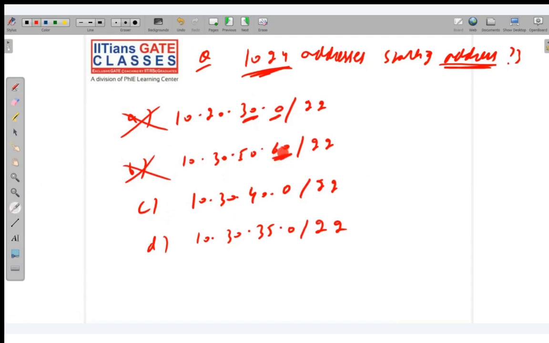Here in 60 we do not have them, just cut it. Here 40: the last 2 bits are zeros because 40 is divisible by 4, so yes, it is correct. And what about this one? No, I will cut it. Here the 8 bits are continuous zeros, but we want 2 more zeros, and we do not have them at the end, since 35 is an odd number. So just cut it. Any doubt here?